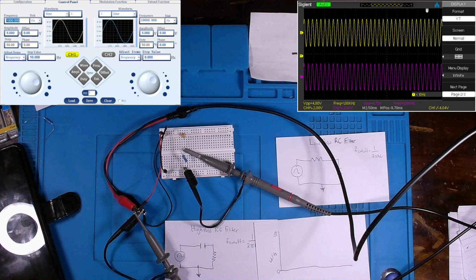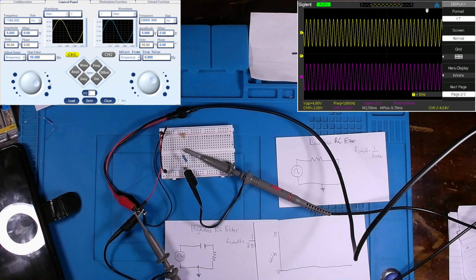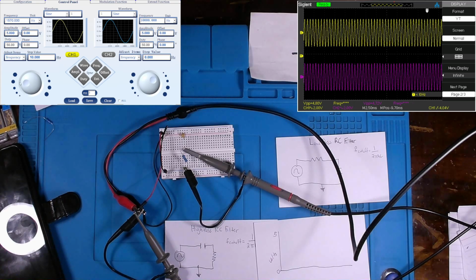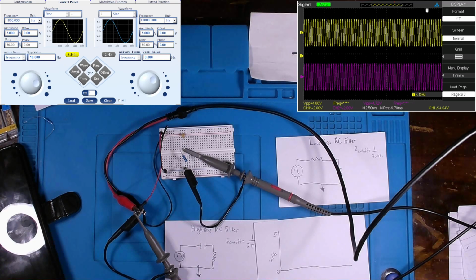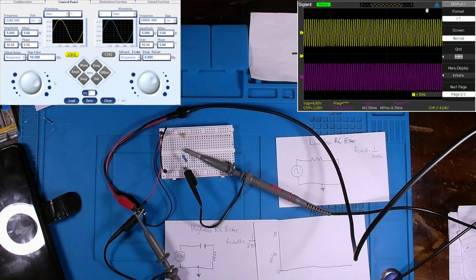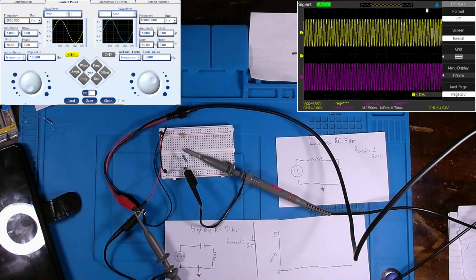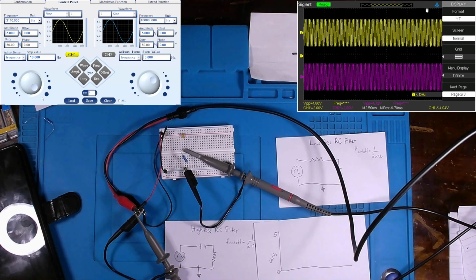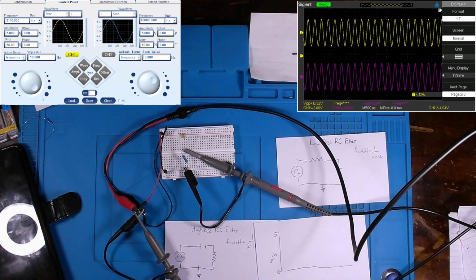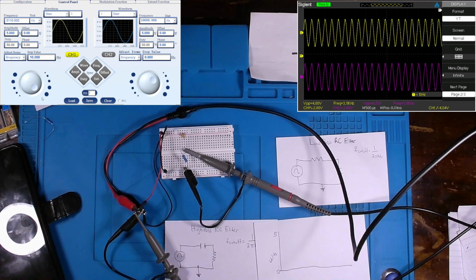We're looking at 1,000 hertz here, and we can see that the amplitude pretty much stays the same between our input and our output, what we're measuring, all the way up to 3K hertz. There's really no difference. 4.8 volts, really 4.8 or 4.7.